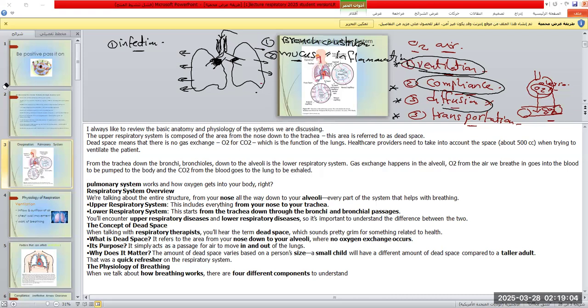Like what? As we said, infection may play a role in this, and asthma too. Also COPD, which is chronic obstructive pulmonary disease. It will do the same thing. It will increase the amount of mucus, which will block the respiratory airways and the breathing air from getting into our lungs. What else?